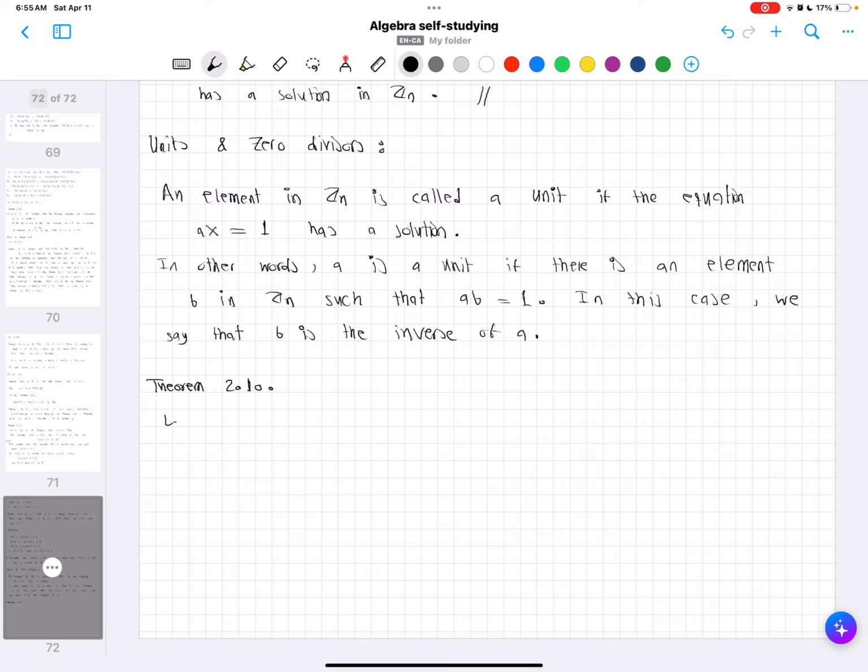So let a and n be integers with n greater than 1.